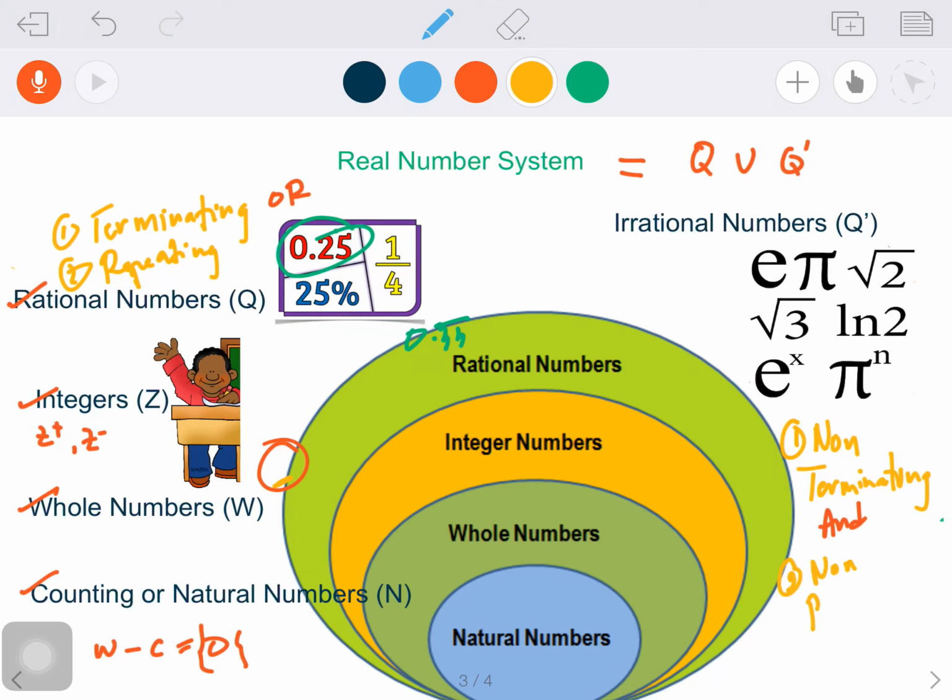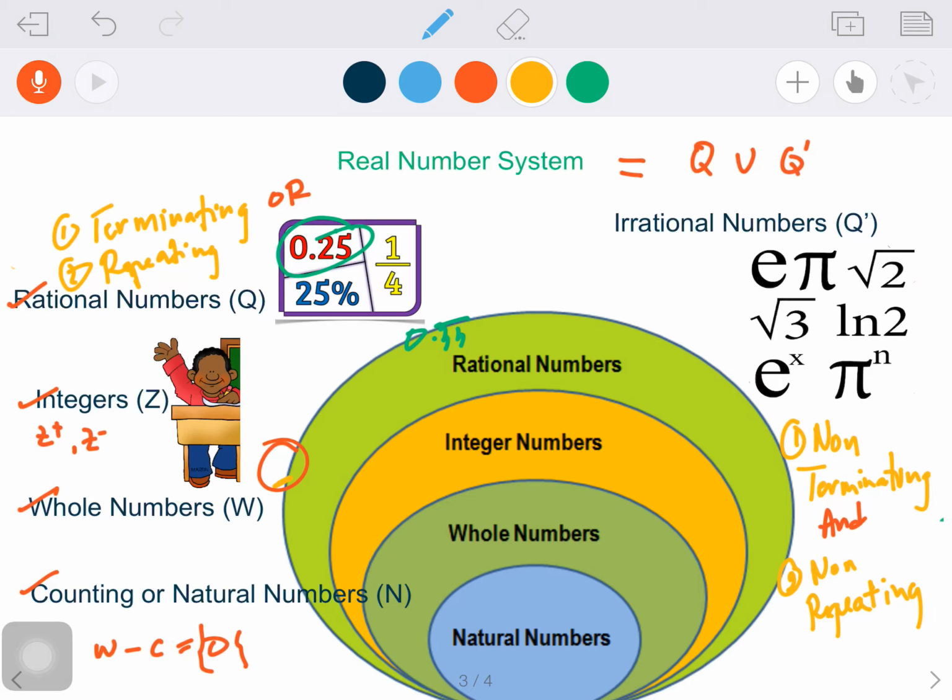So it does not terminate, nor does it repeat. So pi is a number that goes on forever. The values after the decimal point don't end, but they also don't repeat.